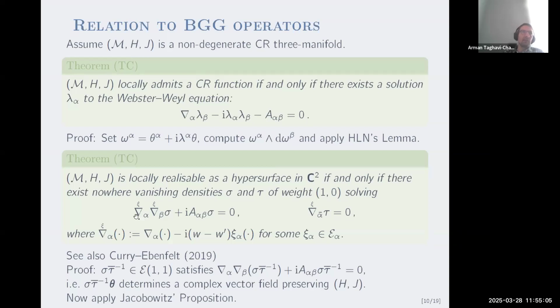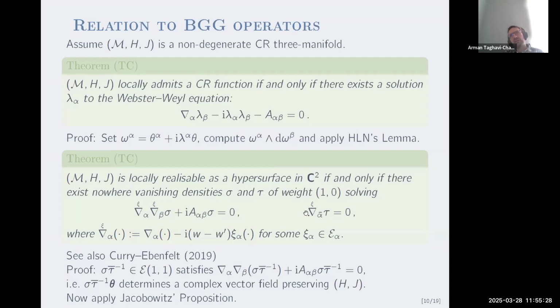This equation would look familiar from the operator I introduced earlier, except that there is this little xi on the top, which is simply a gauged version of the Webster connection. This is still CR invariant.